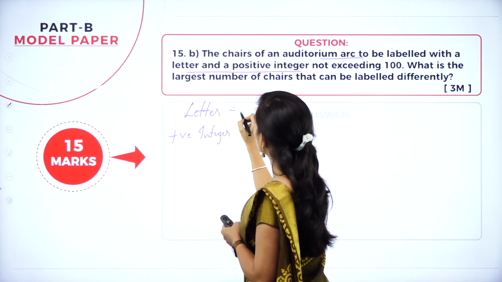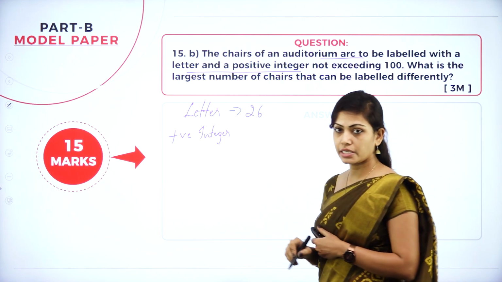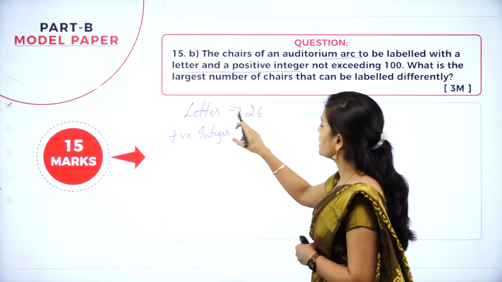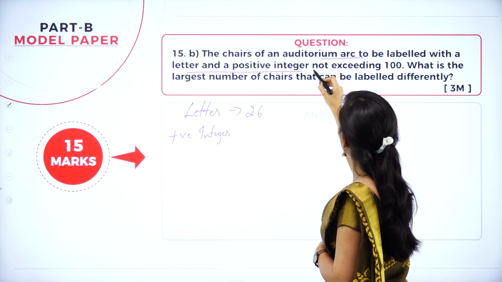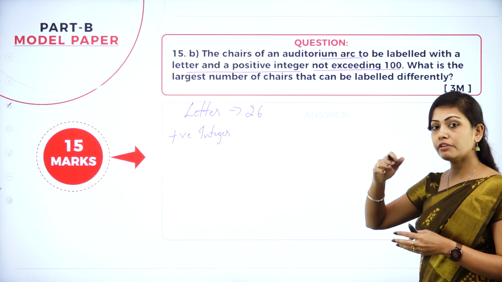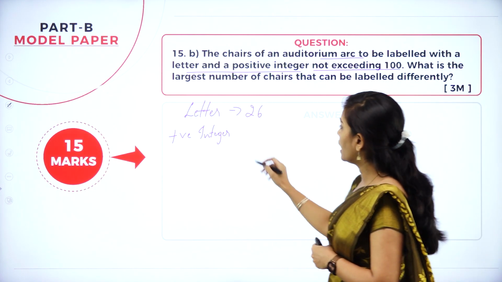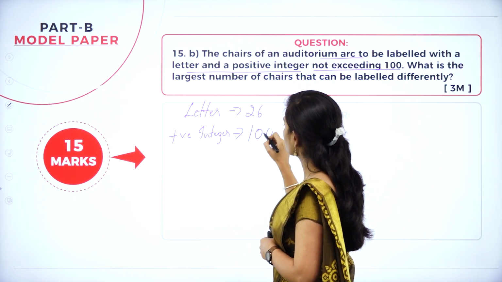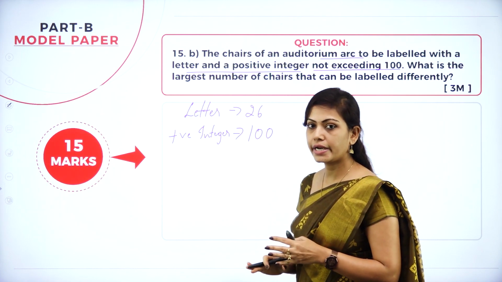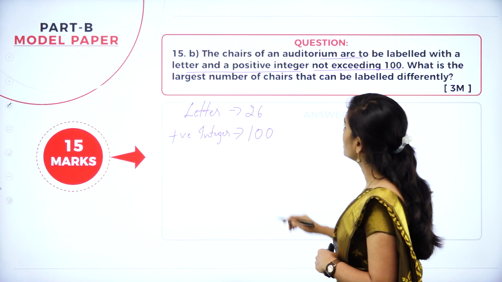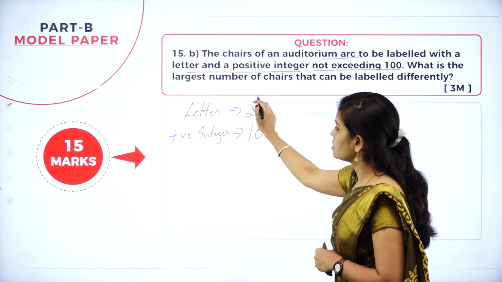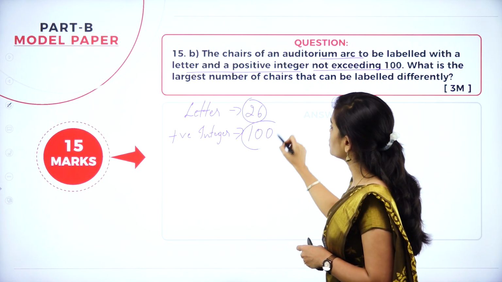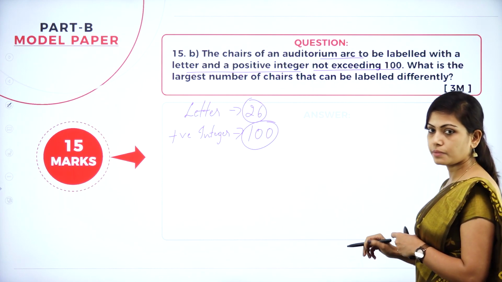So letter means totally we have 26 letters in the alphabet. So 26, and a positive integer not exceeding 100 means we have only 100 positive integers. So the chairs of an auditorium are to be labeled with a letter, which is 26, and a positive integer not exceeding 100.